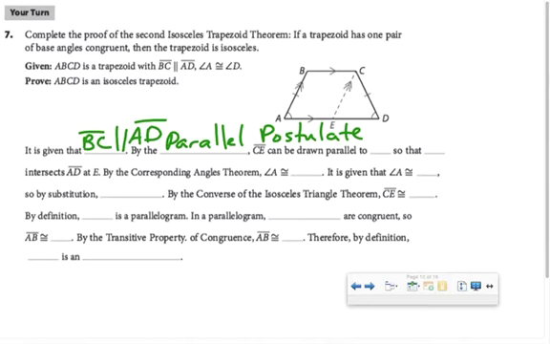CE can be drawn parallel to AB so that CE intersects AD at the point E. By the corresponding angles theorem, because I know that BC is parallel to AD, angle A will be congruent to angle CED.